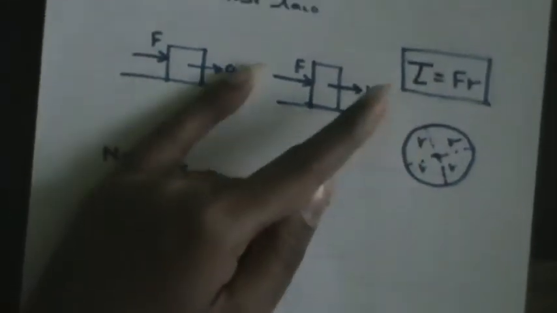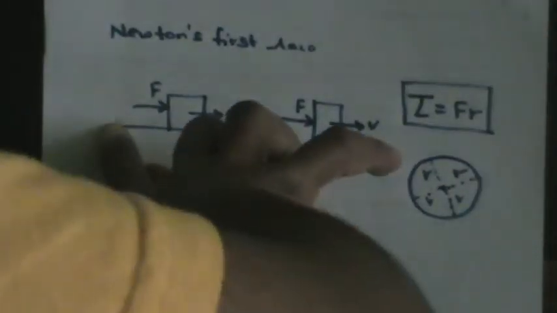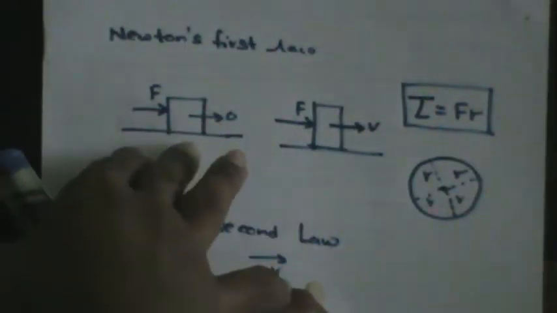So what it actually means is that from translational motion, you can say that for an object, if you need to halt an object's motion when it is already in motion with some constant velocity, or to begin an object's motion if it is initially at rest, you need a force.